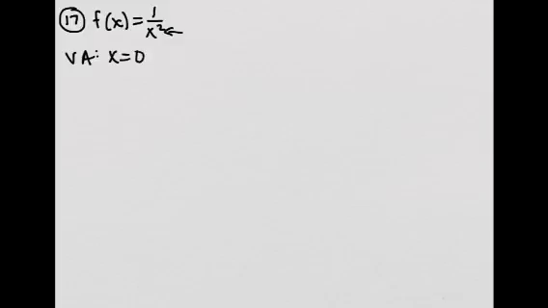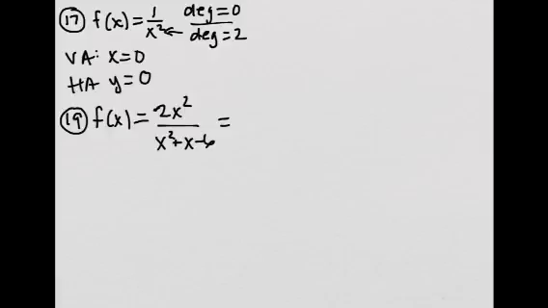As for horizontal asymptote, the degree on the denominator is bigger than the degree in the numerator. Because the degree up here is 0 because there's no x, and the degree in the denominator is 2. So when that happens, then your horizontal asymptote is just y equals 0.